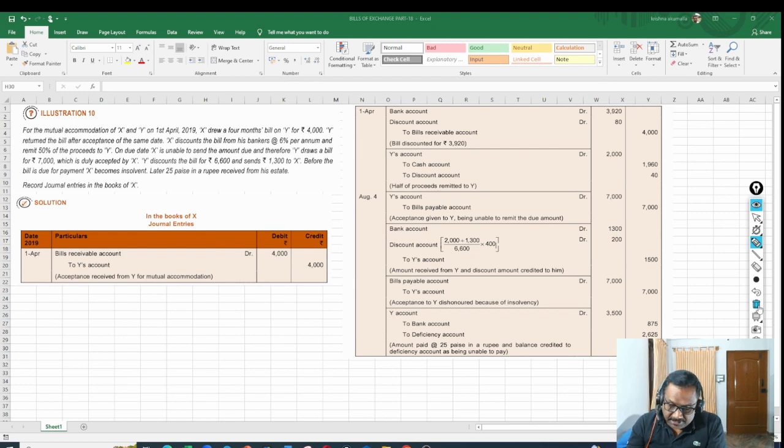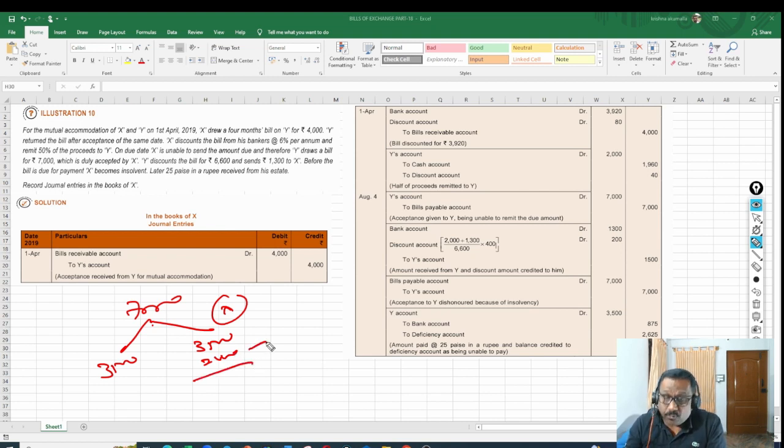Again, I'm repeating: the 7,000 rupees bill he discounted, he retains 3,500 and has to pay 3,500 rupees to X. But in this, he will deduct 2,000. What is this 2,000? X is supposed to pay Y 2,000 rupees regarding the first bill. So he deducts the 2,000 and the remaining 1,500 he is supposed to pay. But out of this 1,500, he discounted this bill for 400 rupees, right?